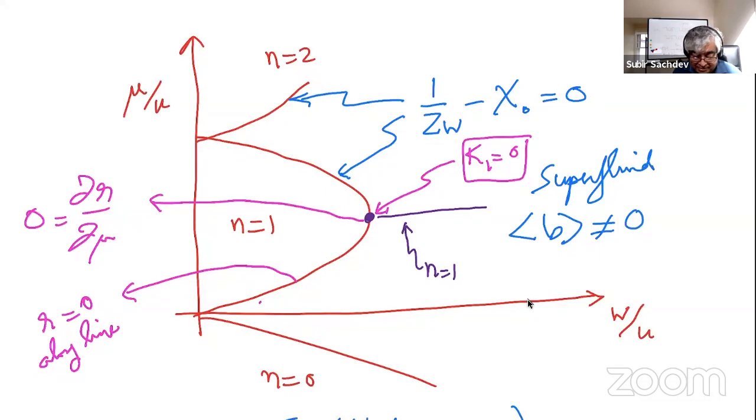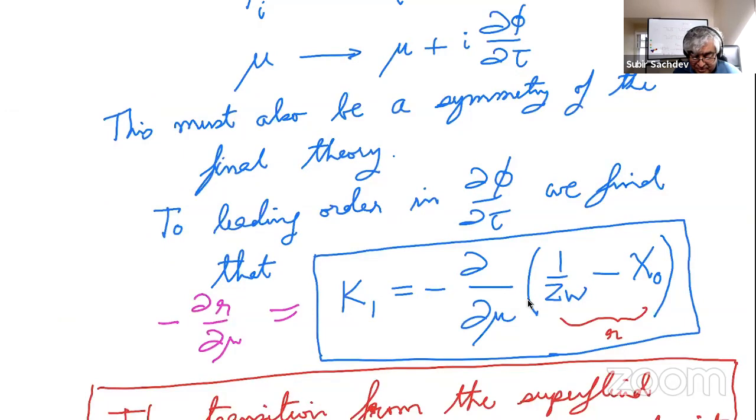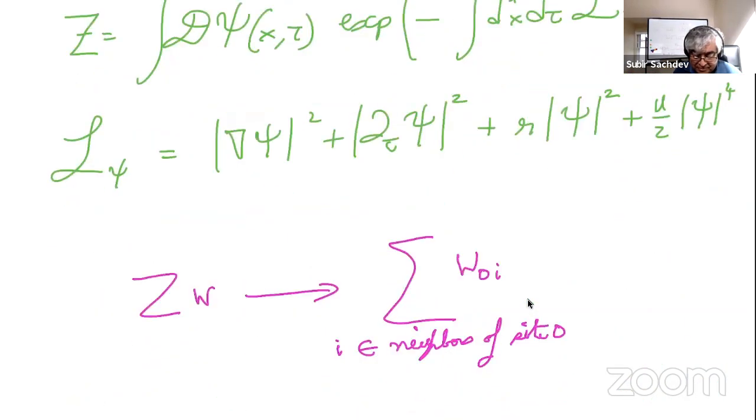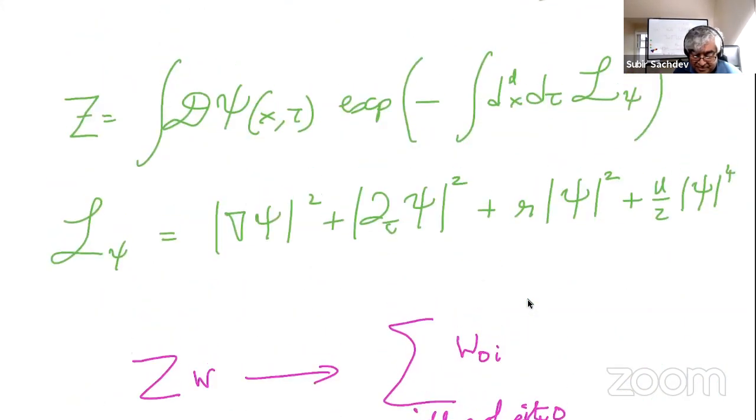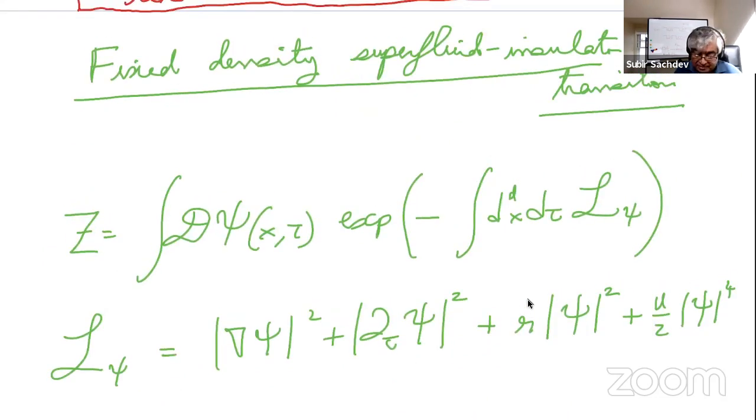All right, so that's the basic argument that right at the tip of the lobe, the fixed density transition is described by this famous phi-fourth field theory. So it's a relativistic field theory now because you can see space and time appear in a symmetric manner. I've even rescaled things to make the velocity of light, which is really the velocity of sound here, equal to 1.